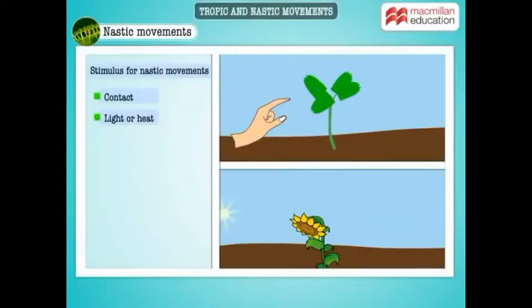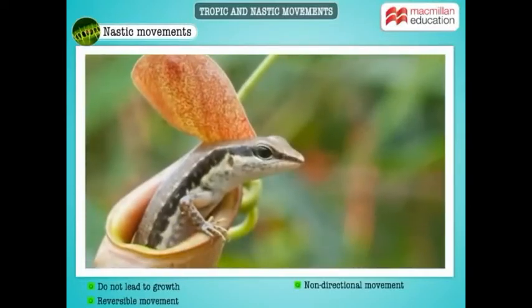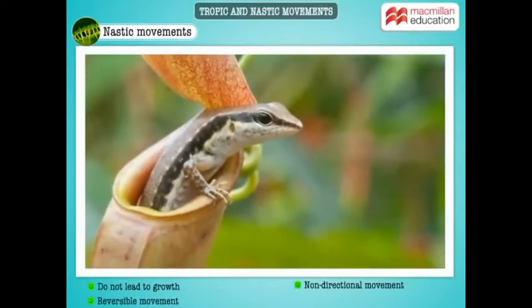Nastic movements are also responses to stimuli such as contact or touch, light or heat. They do not lead to growth, and these movements are not directional. They are reversible movements.